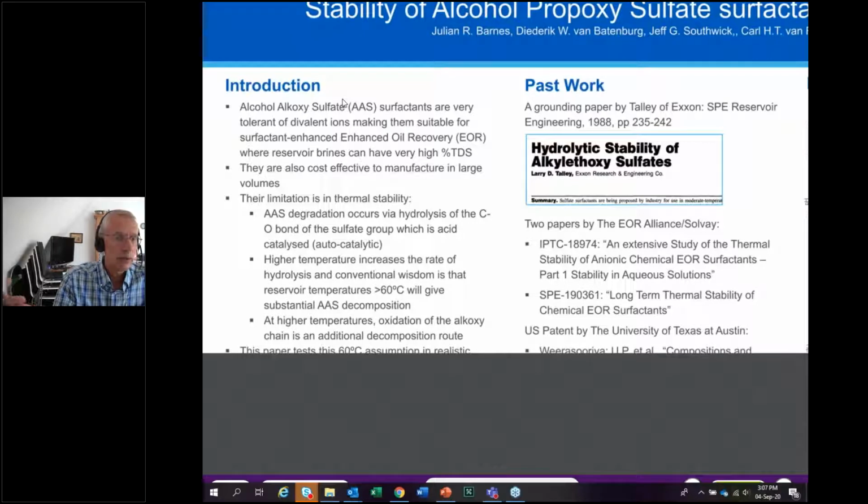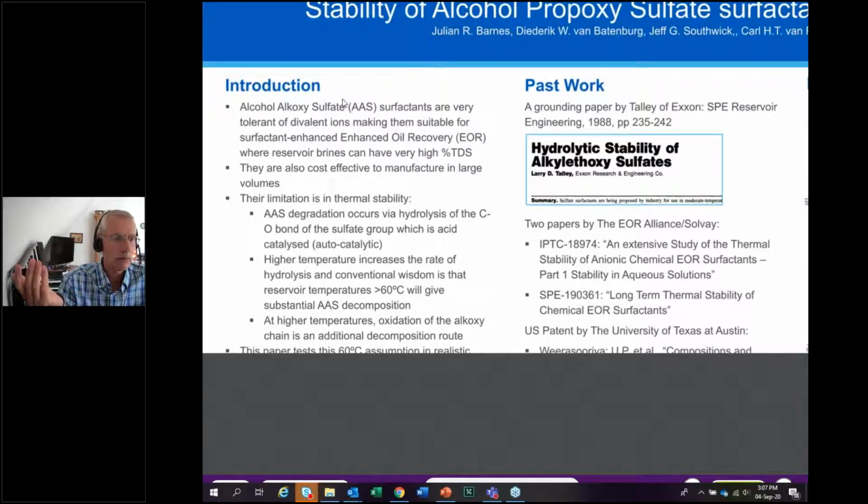The third point which makes alcohol propoxy sulfate surfactants important is that they are relatively straightforward to manufacture at large scale and are cost effective. Both of those points are essential for a surfactant for use in enhanced oil recovery.